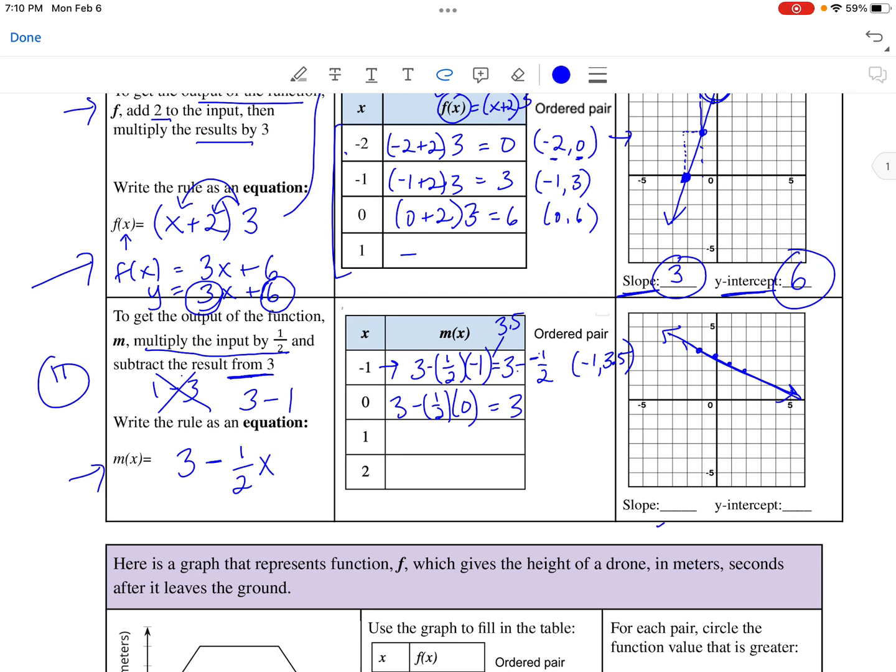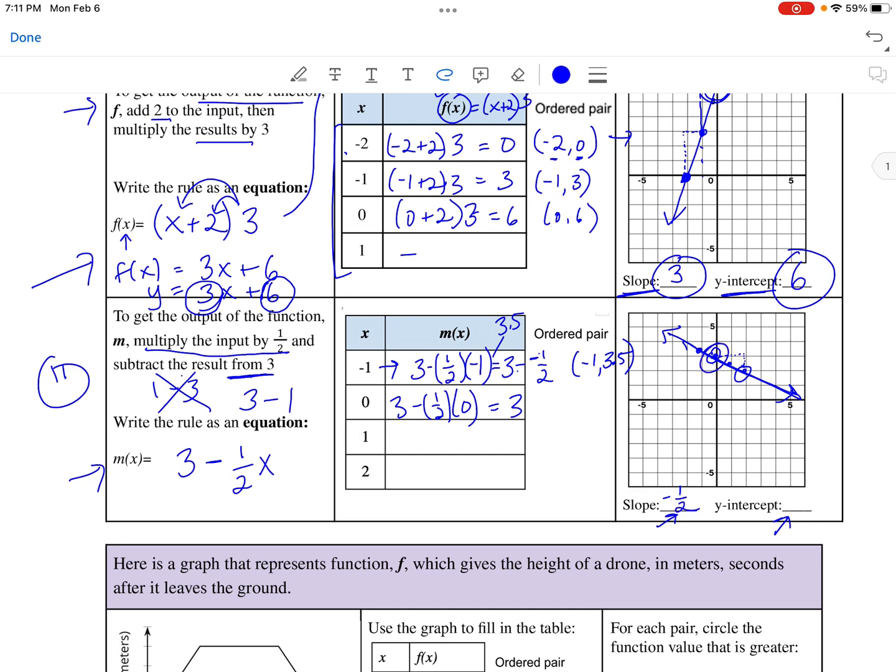So what is the slope and y-intercept of this? Pause and see if you can figure that out on your own. The slope, again, you can find by looking at the graph. Let's go from this point to this point. You rise 1 and run -2. So the slope is -1/2.